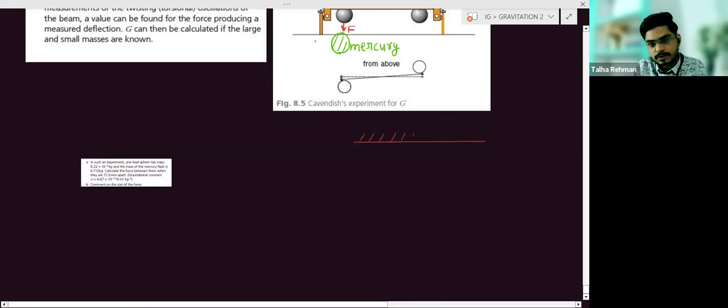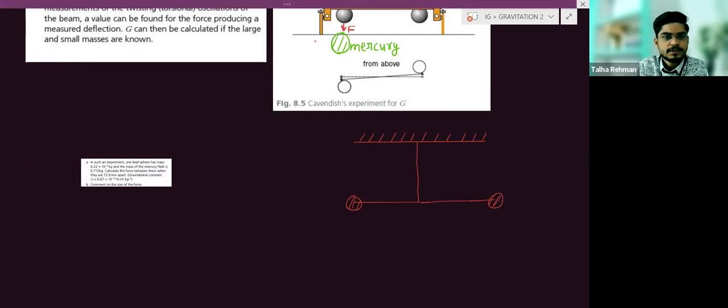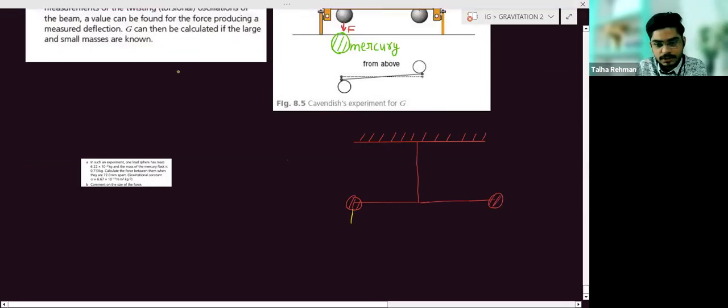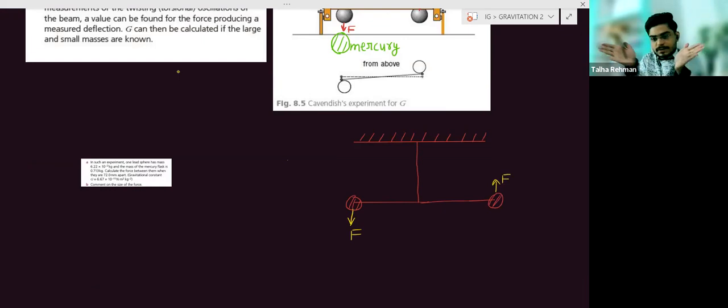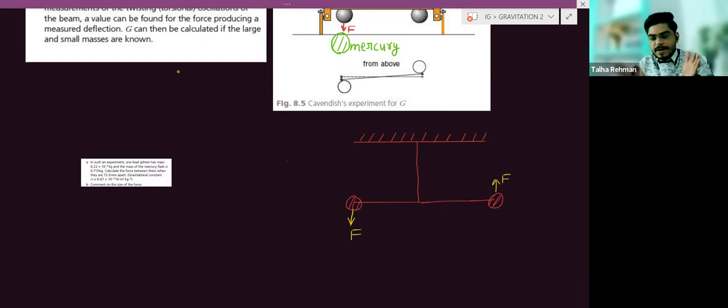In a simple diagram, this is a wire and this is a horizontal beam, and two lead spheres are there. There will be a gravitational force on these lead spheres due to the mercury spheres. Like this. So they will bend like this.